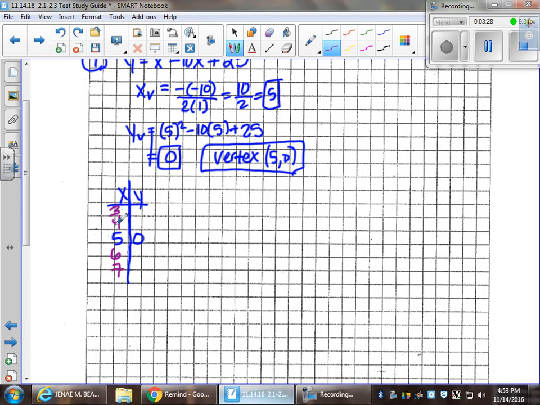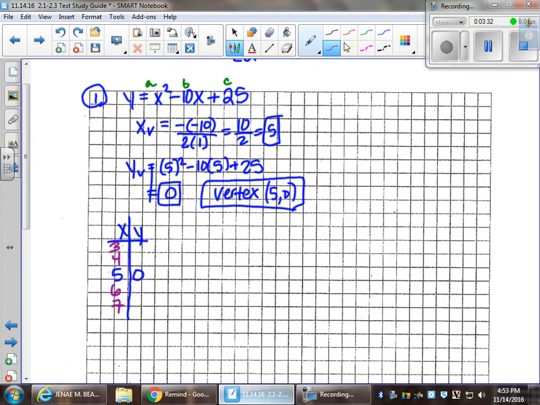I'm going to choose to work with f of 3 and f of 4. We'll be substituting into this equation. So f of 3 equals 3 squared minus 10 times 3 plus 25. Again, we can type that right into our graphing calculators to get that. Pause and get your calculation.